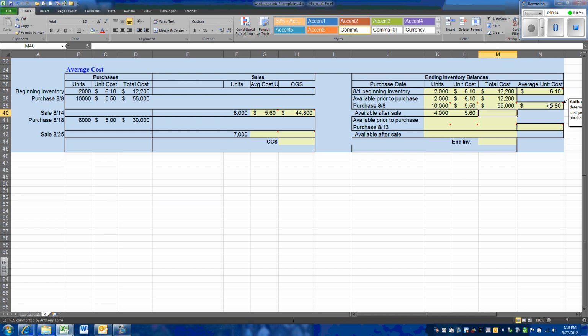So our ending inventory will have a value of $22,400. So let's bring that number down, because that's what we have available prior to our next addition to inventory.